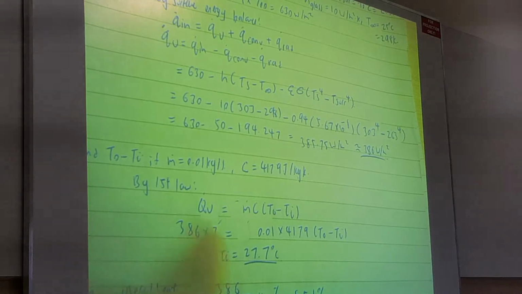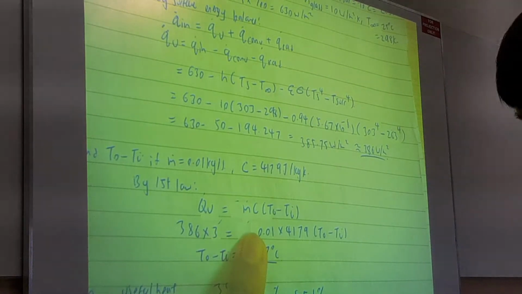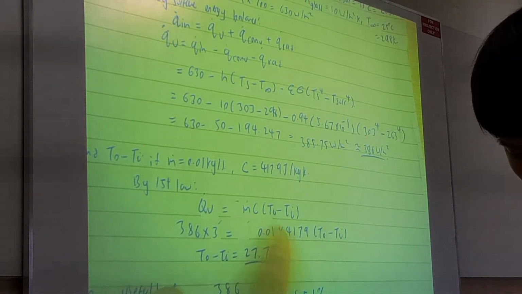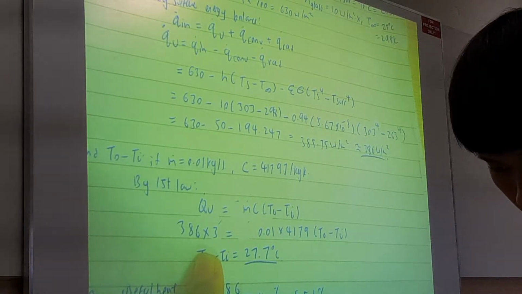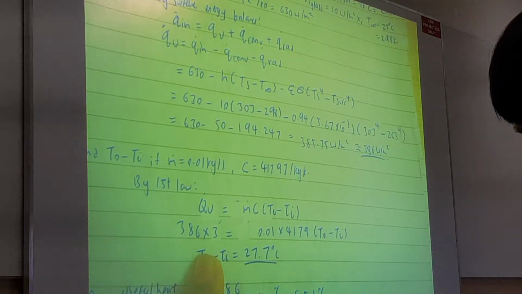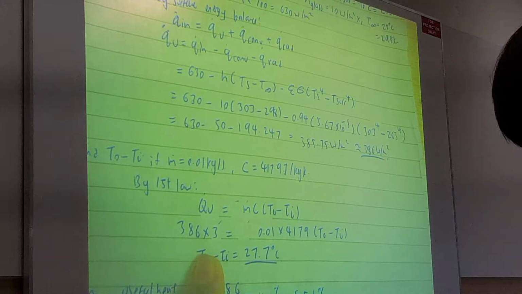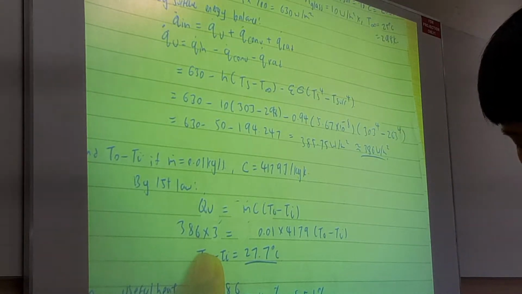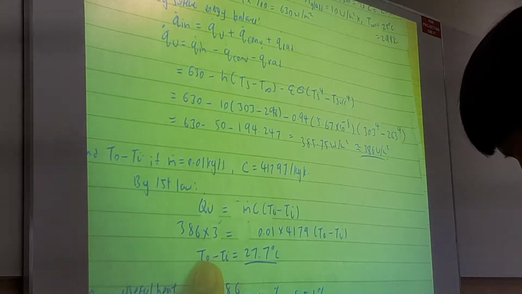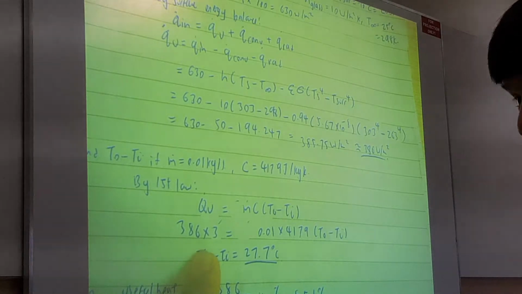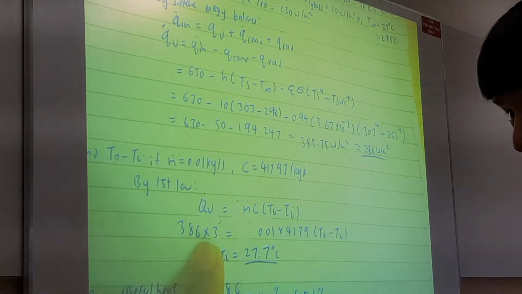So by the first law, you just take Q equals to MC delta temperature, which is T0 minus Ti, final minus initial. QU is basically the useful heat collected per unit area of the collector, times 3. Oh yeah, you have to multiply by the area.